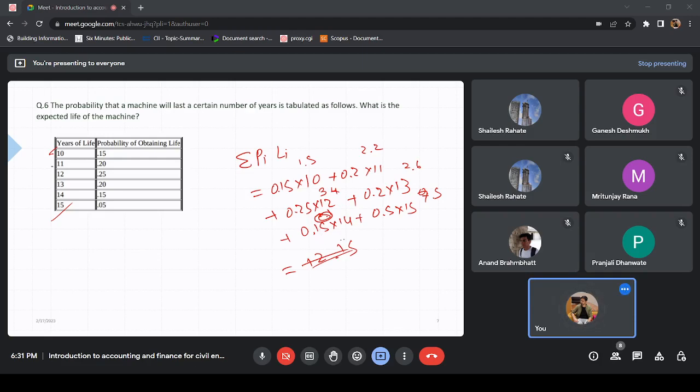See, if you calculate the probability distribution, it should be somewhere around 12 and 13 only. Right, this is the formula, and this should be the value. Okay, yeah. Another mistake here. This is 0.05, so this becomes 0.75, right?